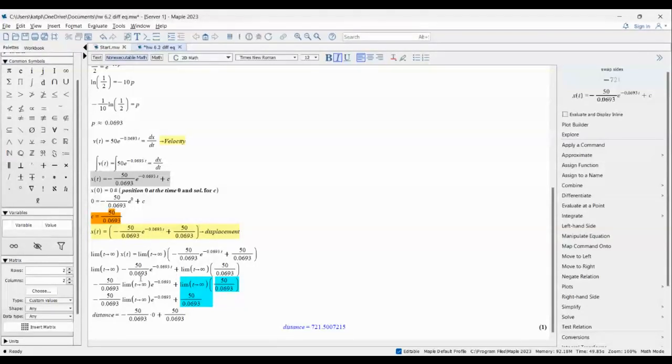What I did next is I took out the negative 50 over 0.0693 and was left with the limit as t goes to infinity of e to the negative 0.0693 t, and on this side the limit as t goes to infinity of 50 over 0.0693. The limit of a constant, which is here in blue, equals the constant, so this wouldn't change.